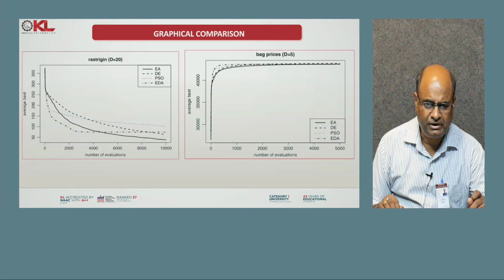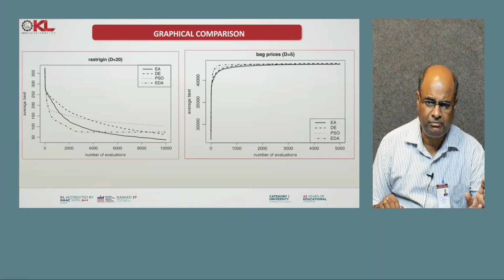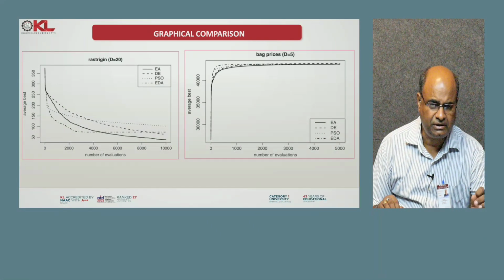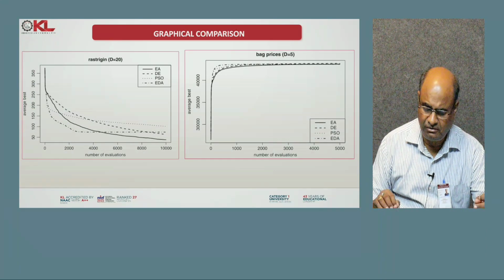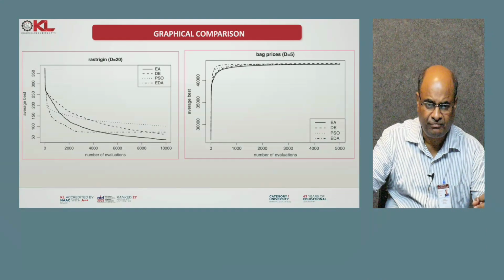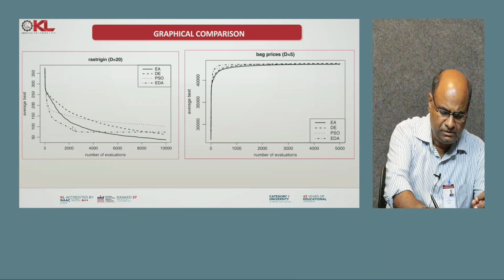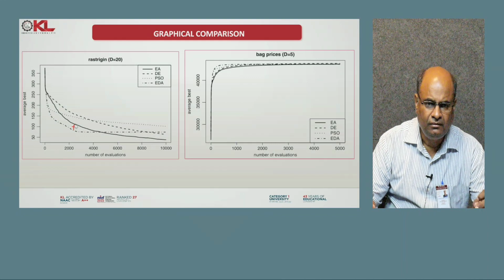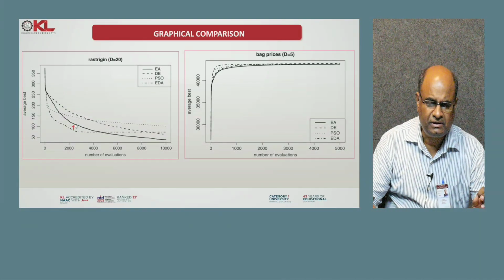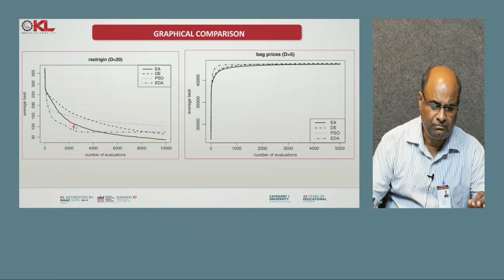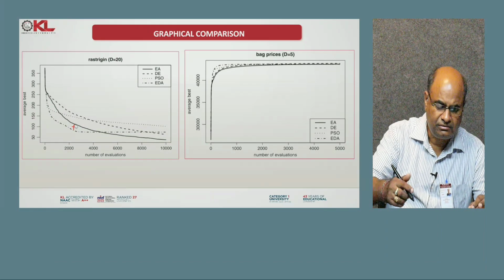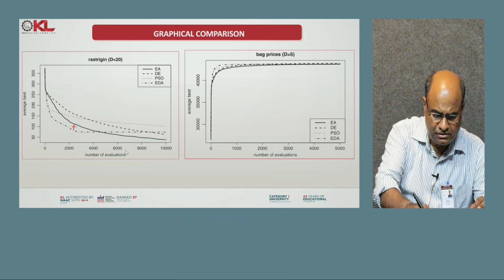So this is the graphical comparison of the two methods: the bag price with D equal to 5 and Rastrigin with D equal to 20. So you get that this bold line is the EA, the evolutionary algorithm, and the dashed line is the differential evolution.